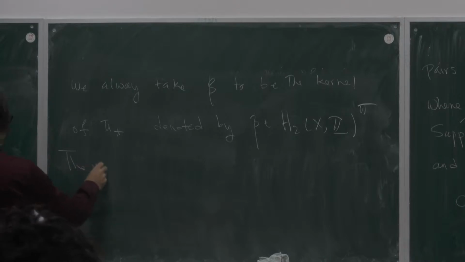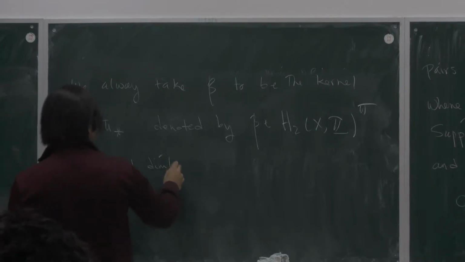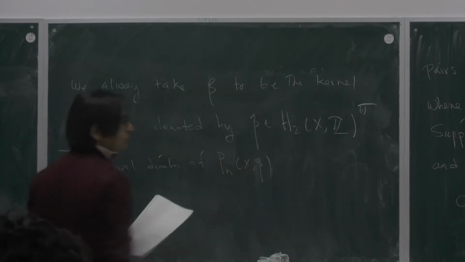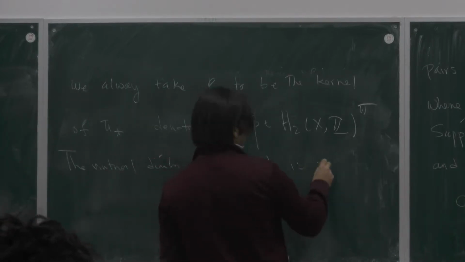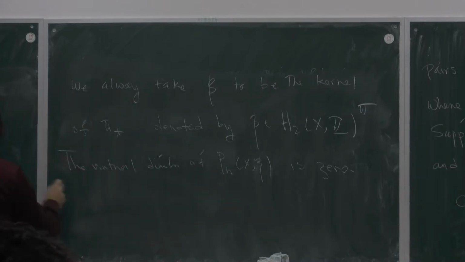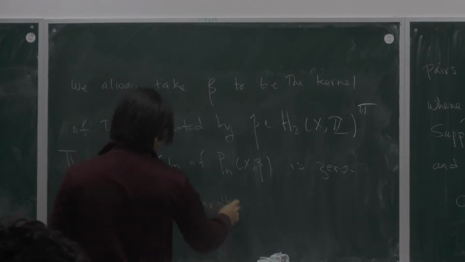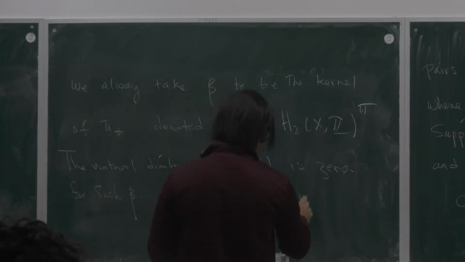The virtual dimension of this moduli space for such choice of beta, the vertical curve classes, is 0, regardless of X being Calabi-Yau.